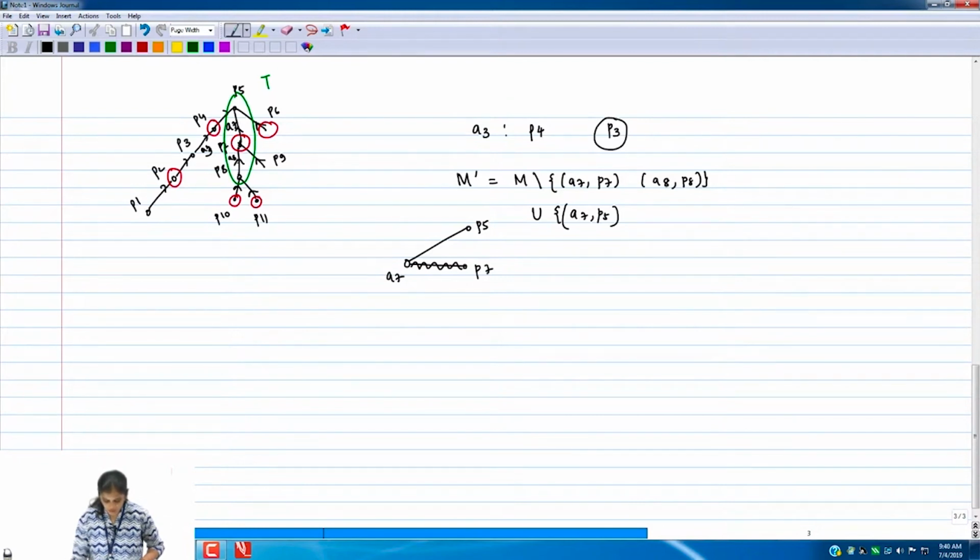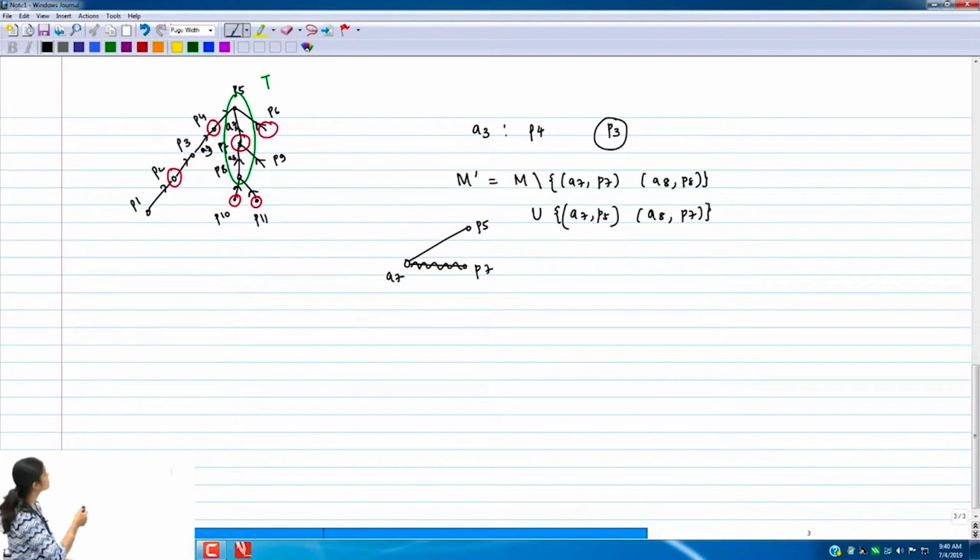So there is also now a possibility of matching A8 to P7, because P7 has become free. So therefore, I will say A8 P7. So what I did, I removed the partners of two applicants, A7 and A8, and I got them new partners. A7 got P5 and A8 got P7.